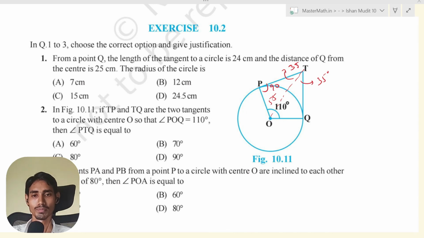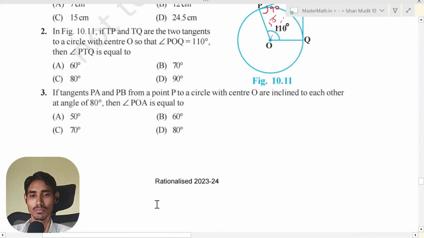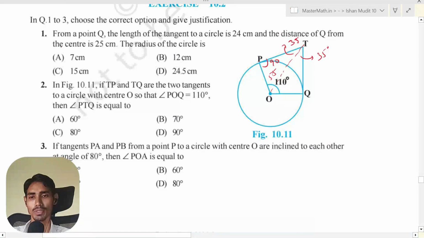Okay, last question for today, third one. To get the diagram right, everything else probably is going to be easy.